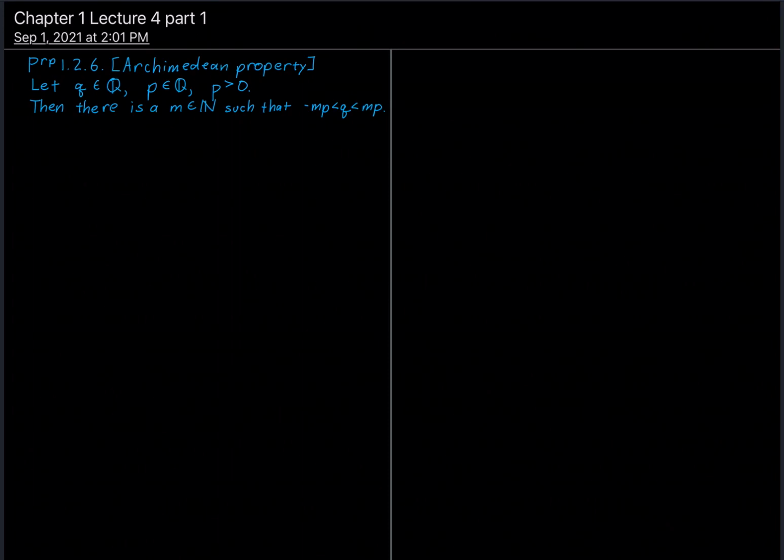So the idea is if you've got any two rational numbers, then no matter how small the second one is, no matter how small P is, just by adding it to itself enough times, that is, just by multiplying it by a big enough integer, you can get bigger or smaller, more positive or more negative than anything you want. And let us prove this.